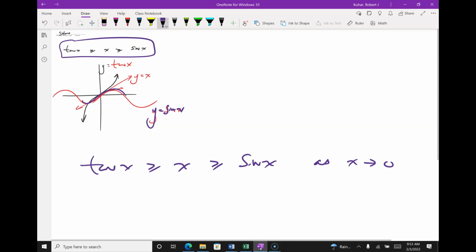Anything I can do algebraically? Remember what I want. What if I divide by x? If I divide by x, what do I get in the middle? 1. And remember, I'm trying to squeeze sine of x over x. So I want sine of x over x in the middle. I don't want it on the end. Anybody?